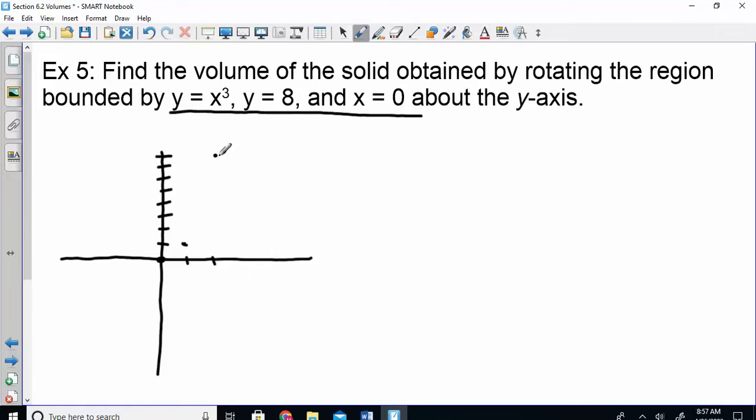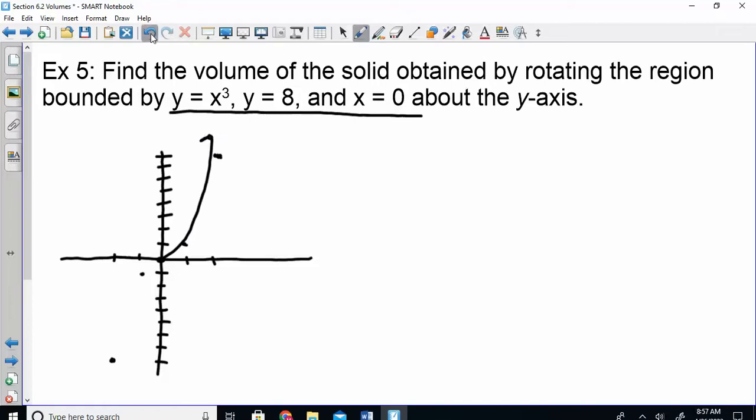You guys remember this graph, hopefully? We've graphed it before. Negative 1 cubed is negative 1, negative 2 cubed is negative 8. So if I pick enough points, I can kind of see what this looks like.